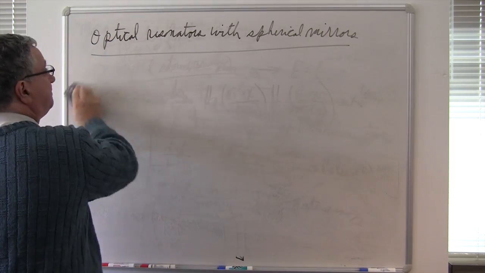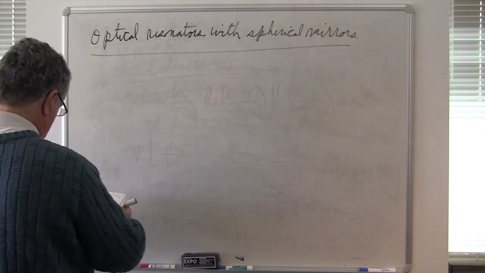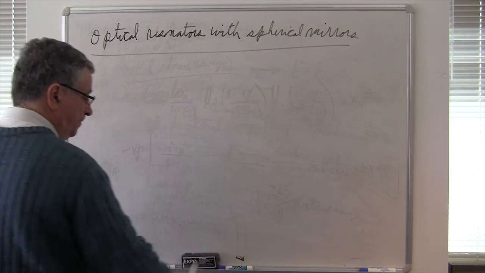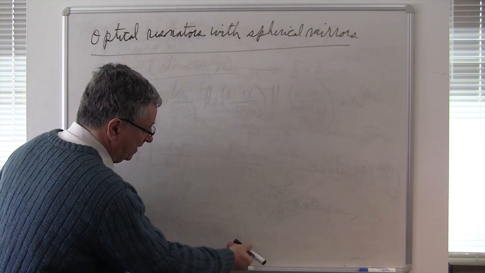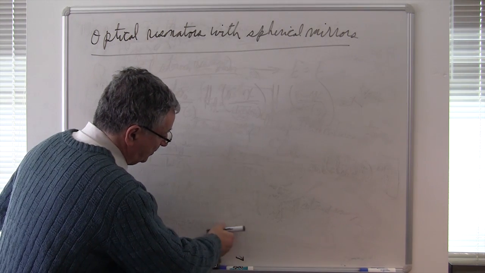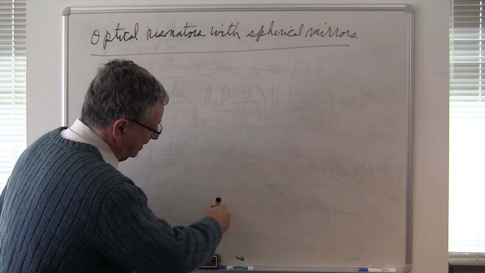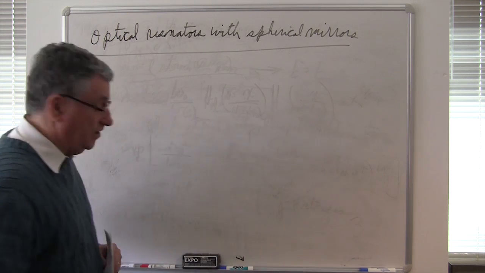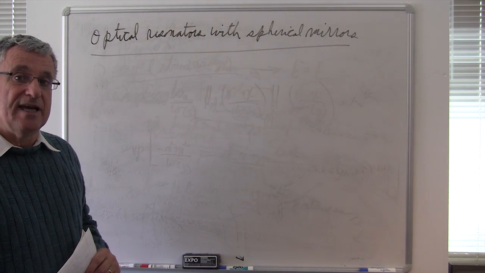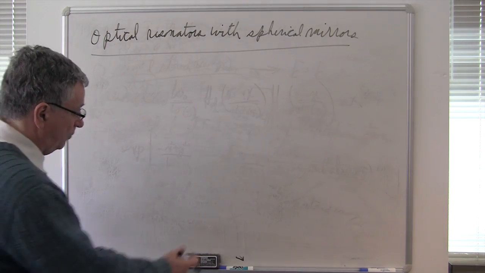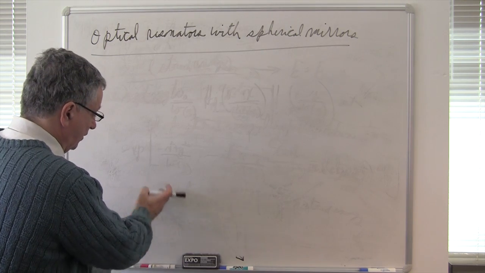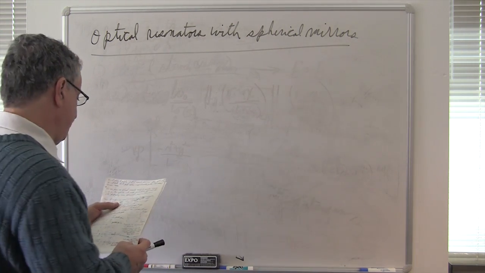So here, since the mirror exactly match the phase front, the ray here will come normal to the mirrors, and they will retrace, will be refocused back to a beam waist, and then the beam will just keep on reflecting between the two mirrors. Okay?